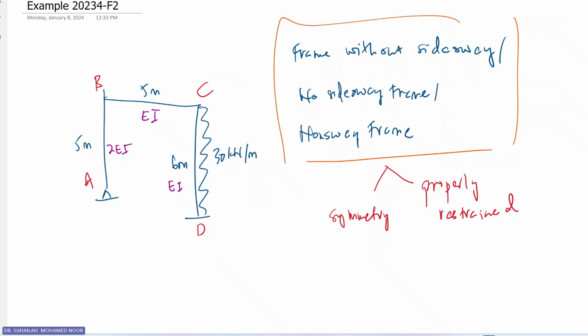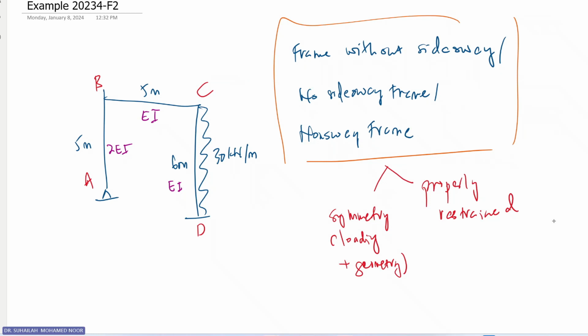Properly restrained means no movement. Symmetry frame in terms of loading and geometry is a frame with no movement, no side sway.